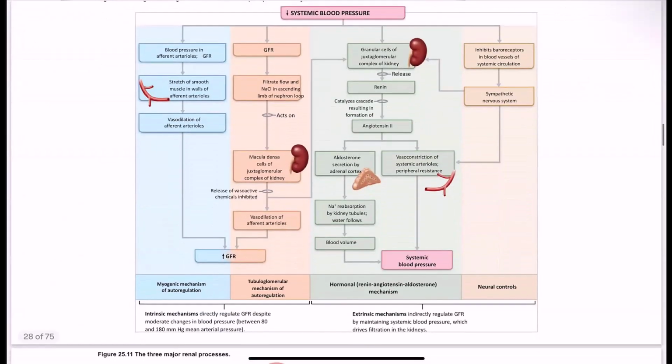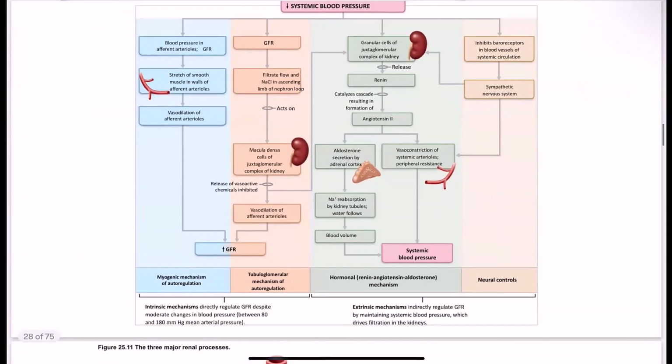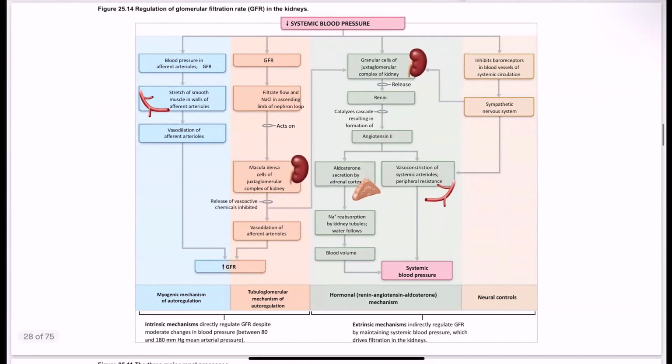There's two major controls. This is a whole schematic from your book here. There's intrinsic controls. Intrinsic means within, which is the kidney doing its own regulation.